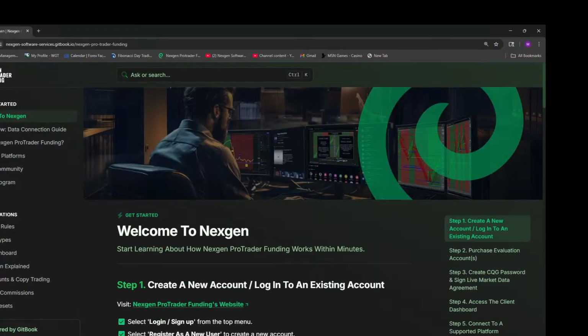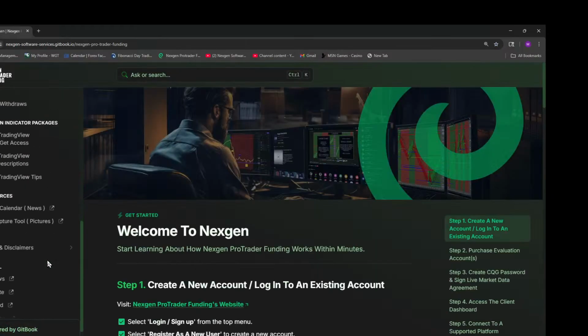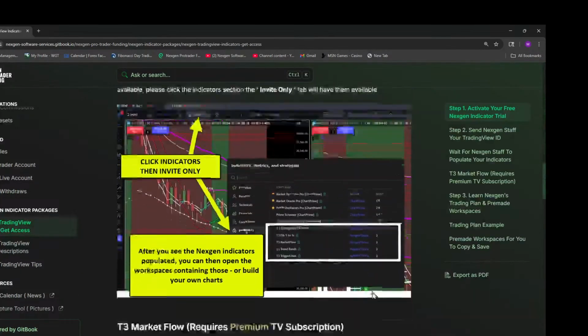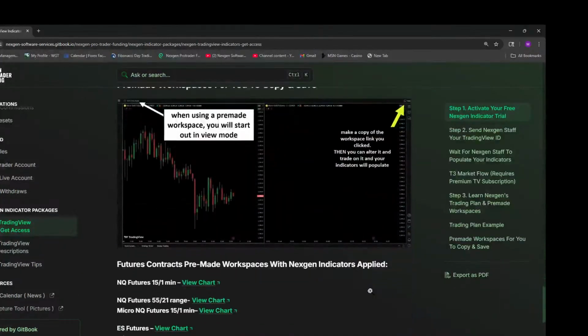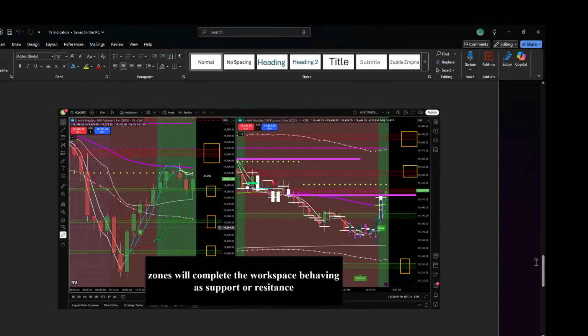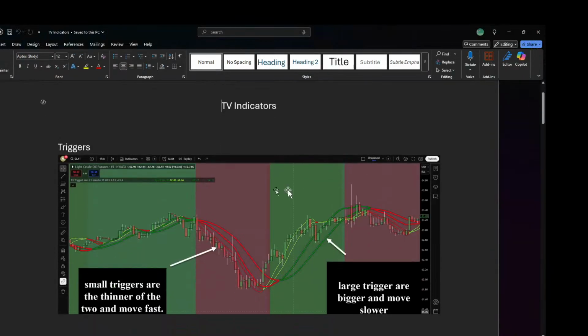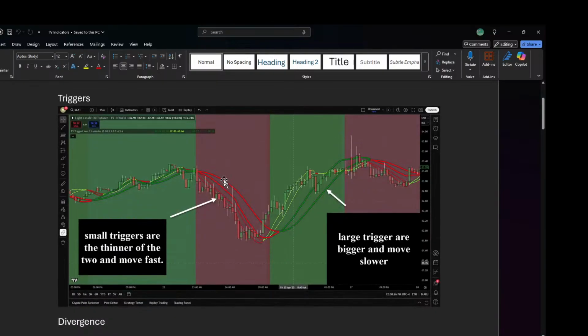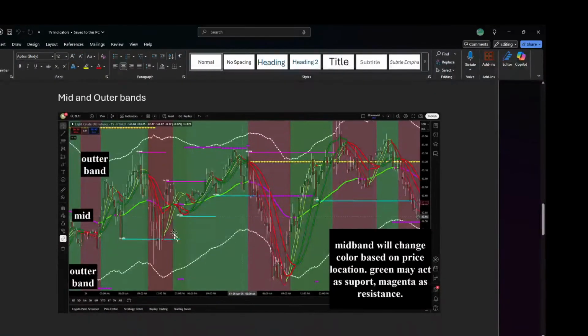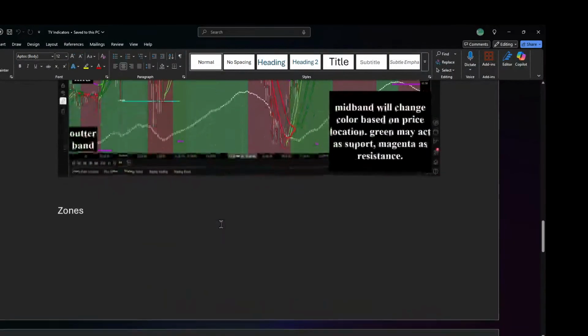But if you are an owner, and you are, I see that green check next to you, all of the indicators and the workspace is everything John Novak has had programmed for TradingView. Everything you see here, the trigger lines, he paid programmers to make them look like Nexgens. Divergence, the same. One-to-ones, the same. Trend bands, the same.